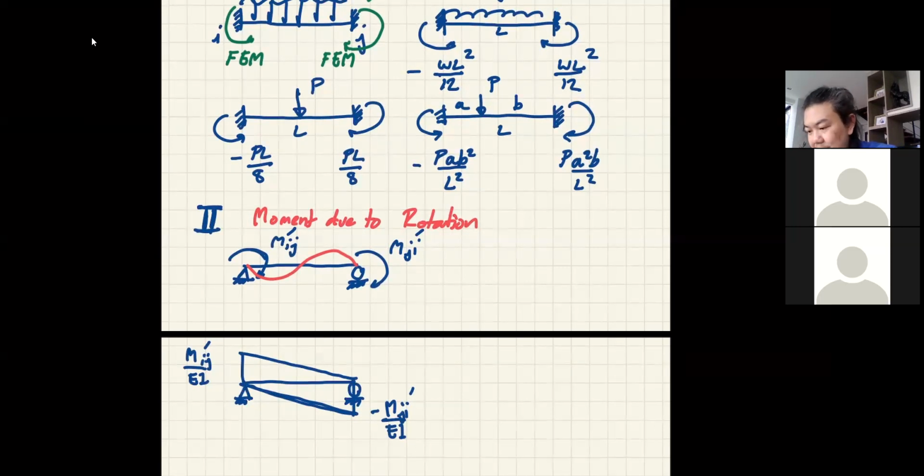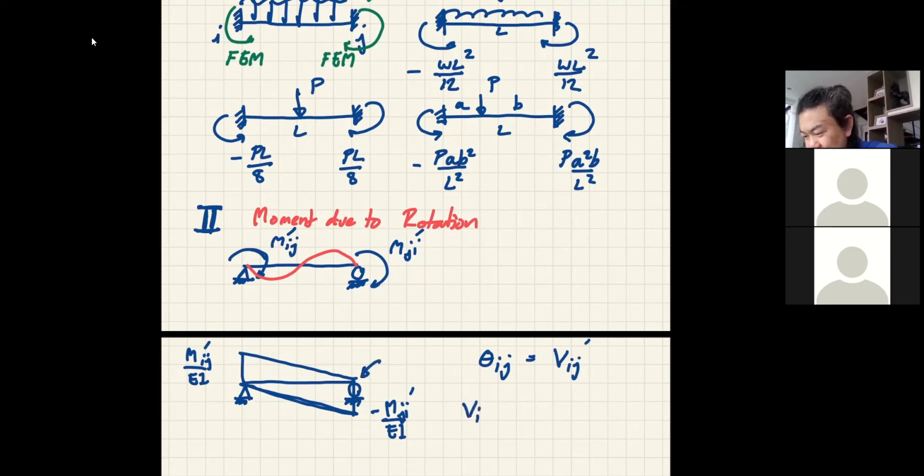So I can now say that my theta ij is equal to Vij of the conjugate beam. Okay, so I can now calculate the Vij here by taking moment at this location.